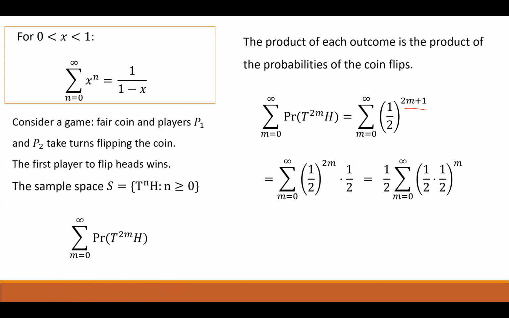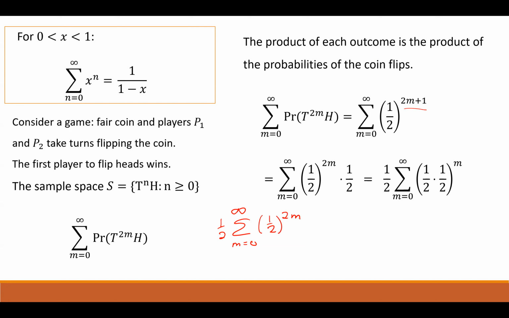That's an extra factor of 1/2 that occurs in every term, so we can take that out, and basically take it out of the summation altogether. So let me draw this out a little more explicitly. I take the 1/2 out of my summation, and I'm still left with 1/2 to the 2m.